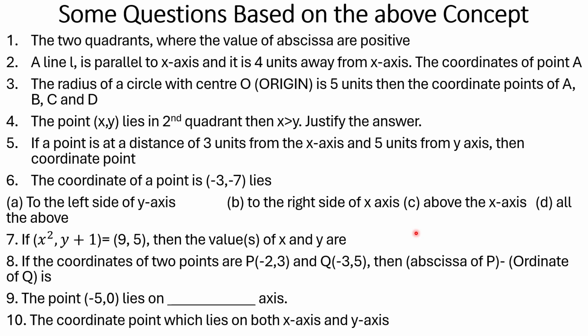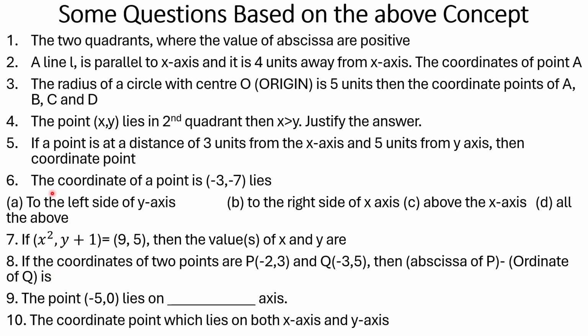Above the x-axis, the y values or ordinates are positive, but here we are given a negative value. So the right option for this one is to the left side of the y-axis.